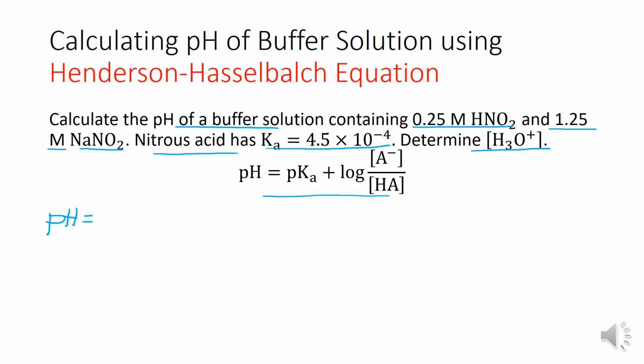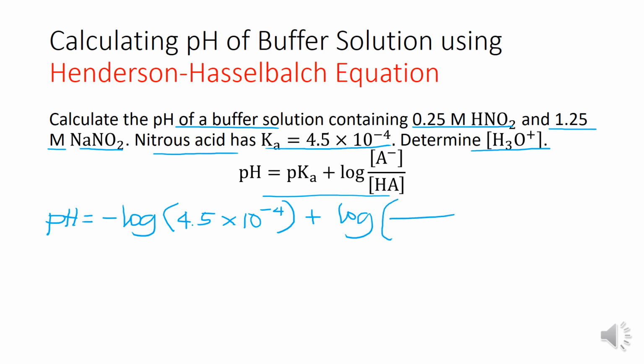So the pH of the buffer solution is equal to negative log to the base 10 of Ka, which is 4.5 times 10 to the negative 4, plus log to the base 10 of the conjugate base, which is nitrite in sodium nitrite.